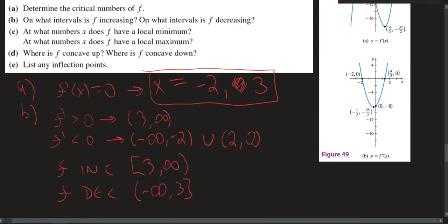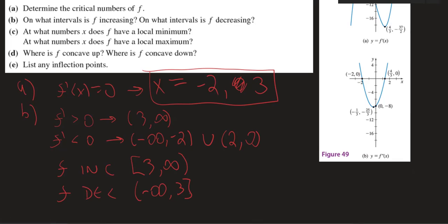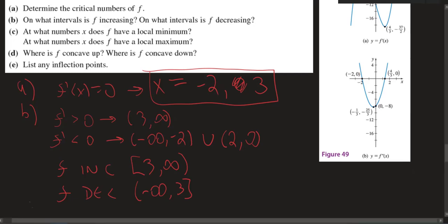Now, I know I included 3 in both intervals, but that's because the definition of increasing is from one point to the next. And so 3 is where the function's decreasing interval stops, and it's also where the function's increasing interval starts. Okay? So C: at what numbers x does f have a local minimum?